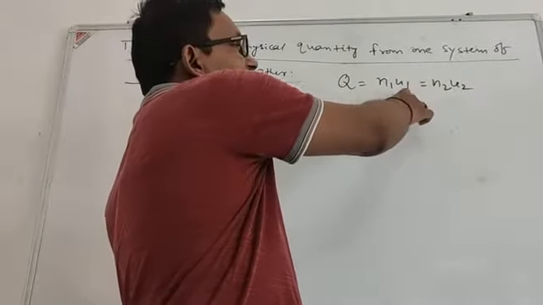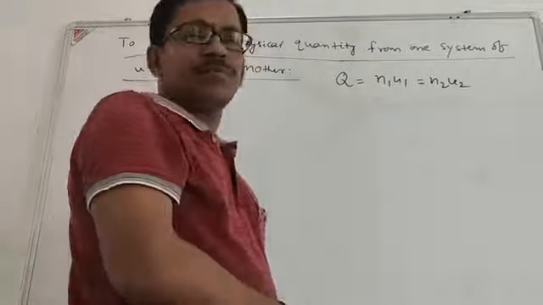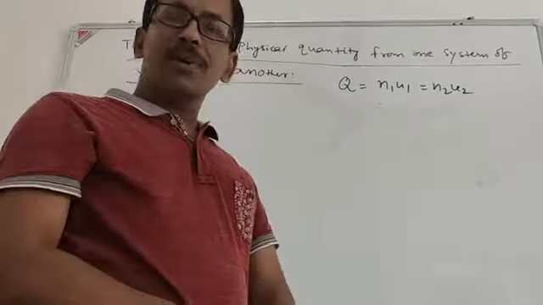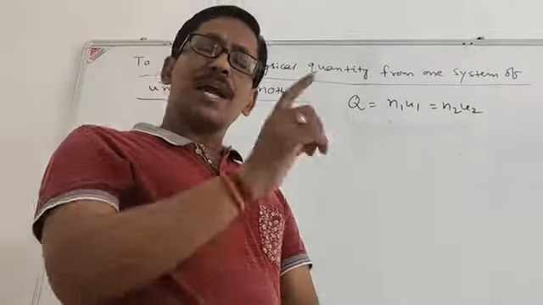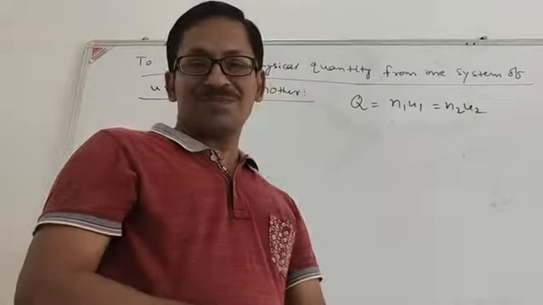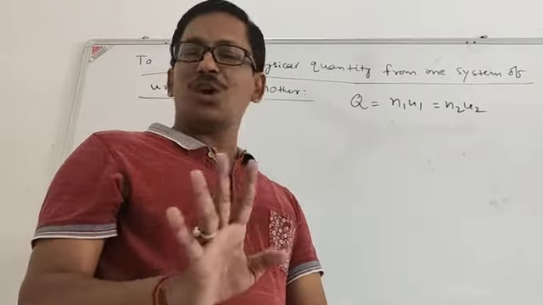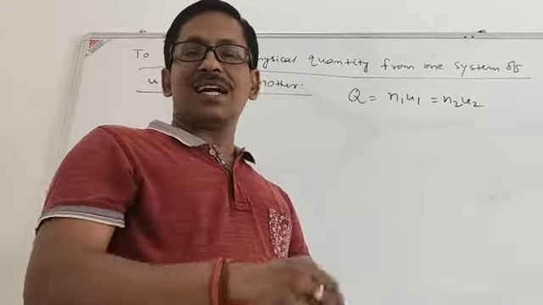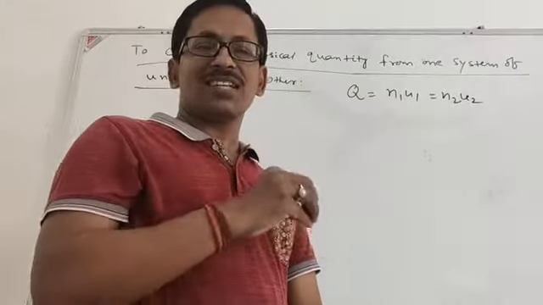If U1 is kg, N1 is 5. If U2 is gram, N2 is 5000. So 5 kg and 5000 gram have the same value. Magnitude will not change if you change the system of unit. That fact is taken into account here.